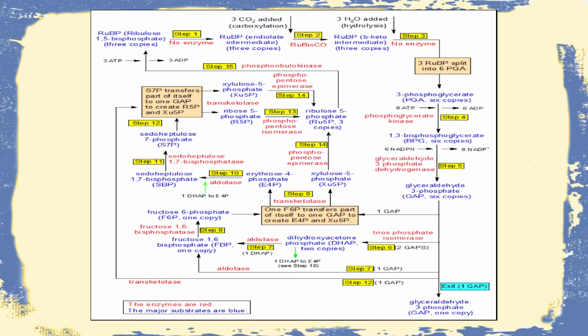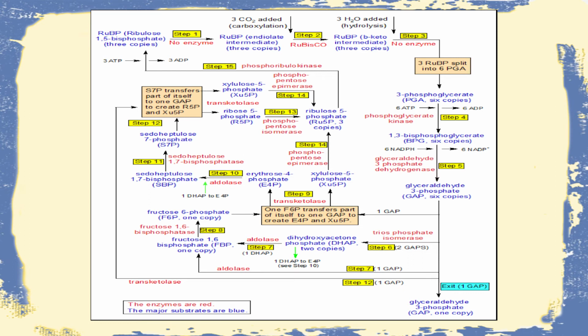These 6 copies of GAP, or glyceraldehyde 3-phosphate, will be converted to different types of molecules, and we can see that one particular GAP will ultimately produce one molecule of DHAP, or dihydroxyacetone phosphate. This dihydroxyacetone phosphate is actually an isomer of GAP, by isomerase enzyme action.